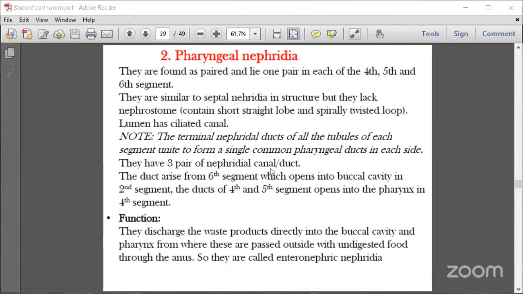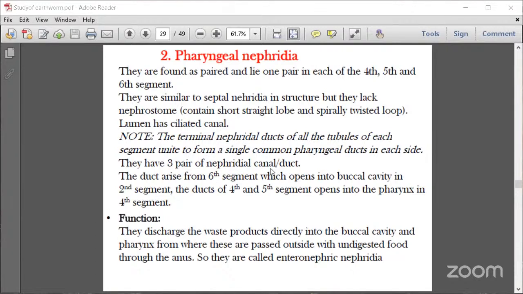They have three pairs of nephridial canal ducts. The duct arising from the sixth segment opens into the buccal cavity. In the second segment, the ducts of the fourth and fifth segments open into the pharynx in the fourth segment.